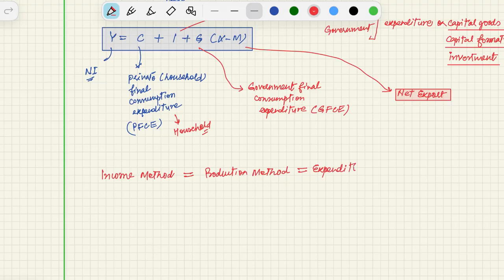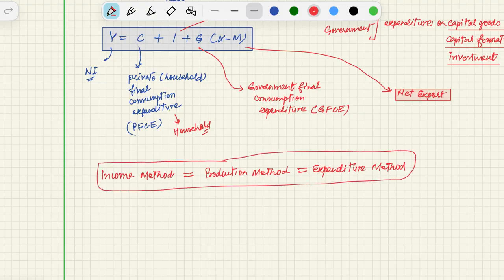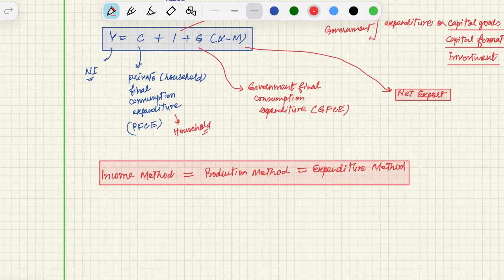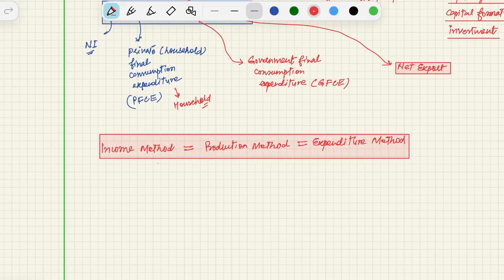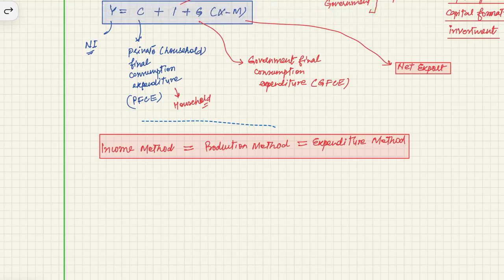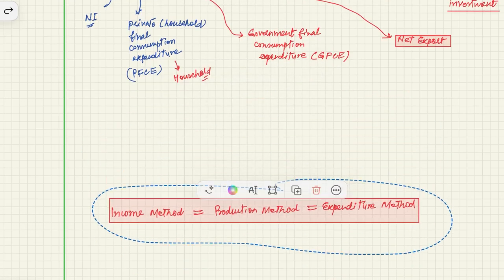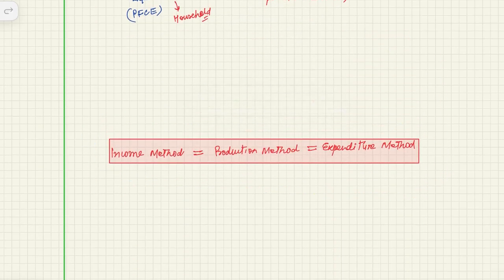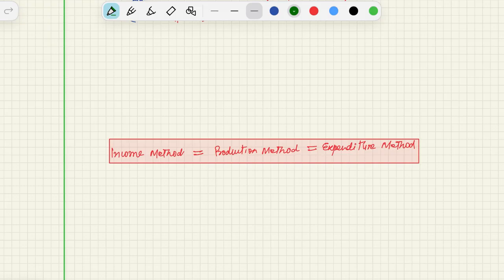Okay, so the money value of all these three methods is equal. Generally, when you calculate the three methods, the money value will be equal. Okay, and that is what the circular flow entails. It entails nothing but circular flow.